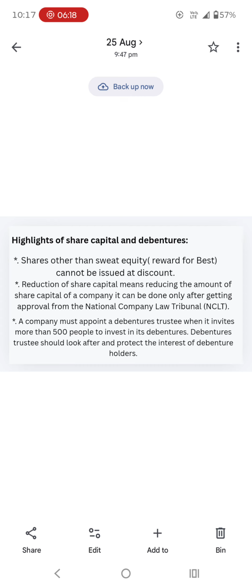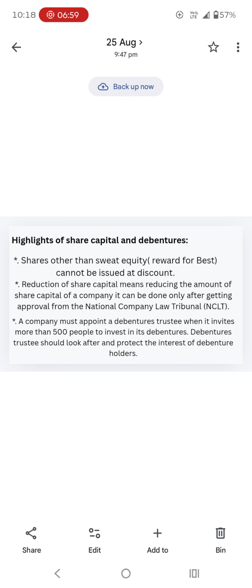Third point is a company must appoint a debenture trustee when it invites more than 500 people to invest in its debentures. The debenture trustee should look after and protect the interest of debenture holders. A debenture trustee is a person whom they will trust with the debentures, how it is coming, how it is going.